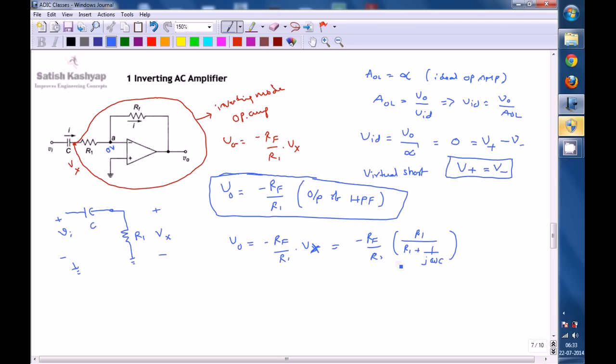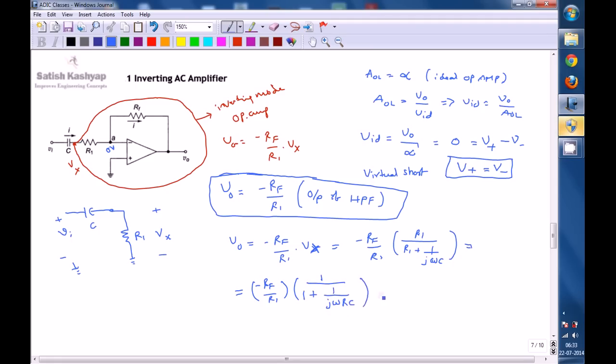Xc is nothing but the reactance of the capacitance, that is 1 by j omega c. If you take R1 common from the denominator, R1 gets cancelled, and you get minus Rf by R1 times 1 by 1 plus 1 by j omega RC.